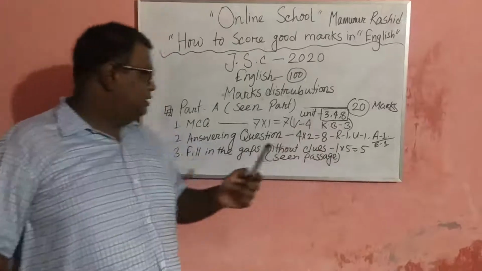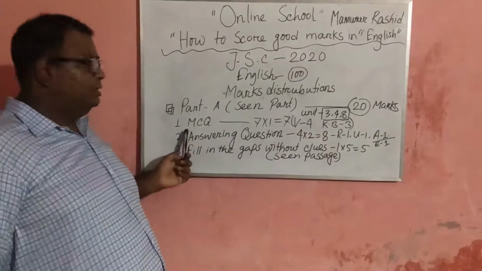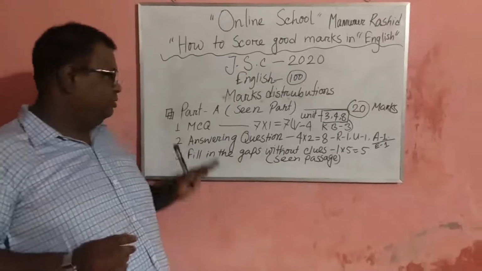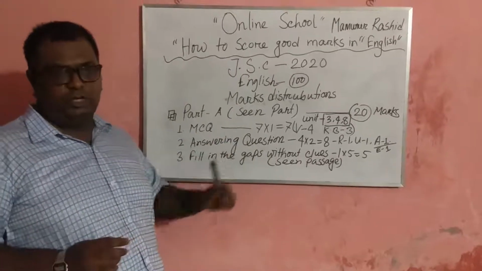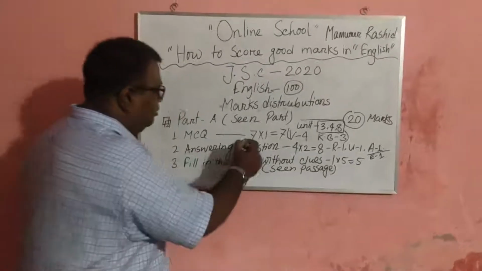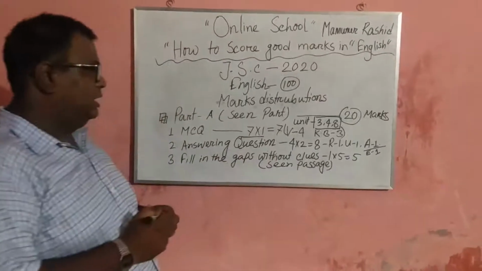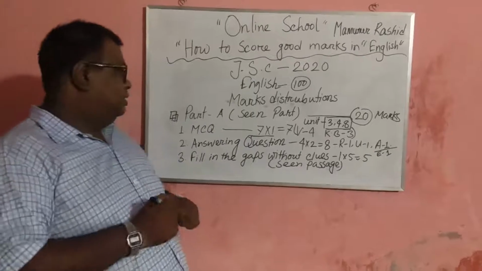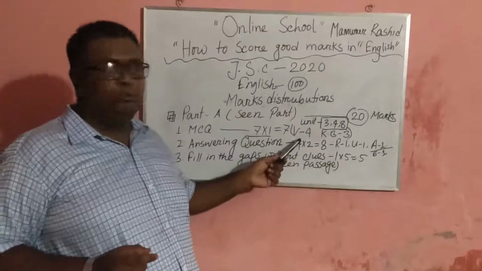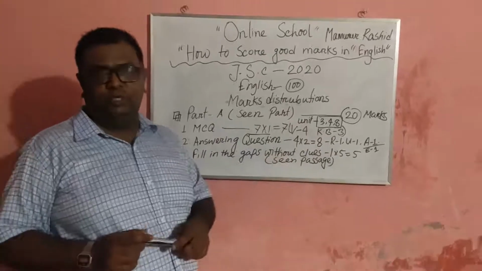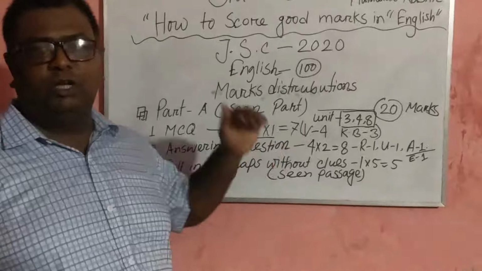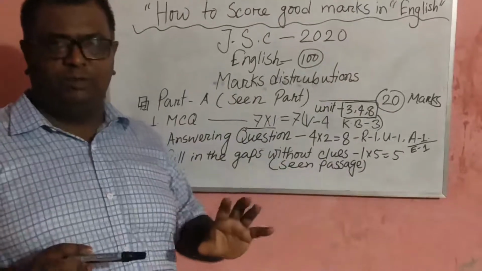If we see the seen part, the first question will be MCQ, multiple choice questions. The mark of MCQ will be 7, and the J.S.C students will face 4 vocabulary questions in the MCQ part. There are 7 questions, but 4 will come from the vocabulary type.